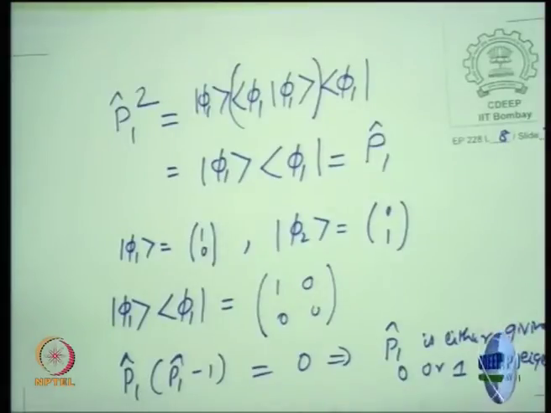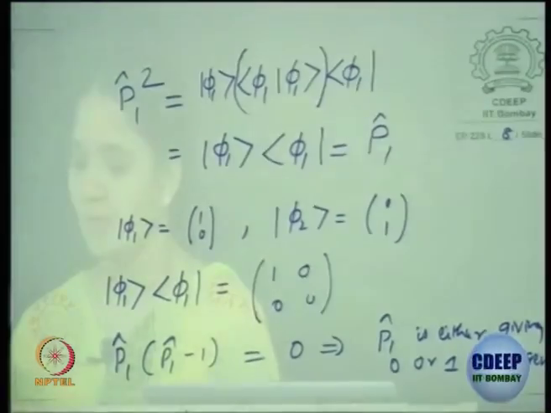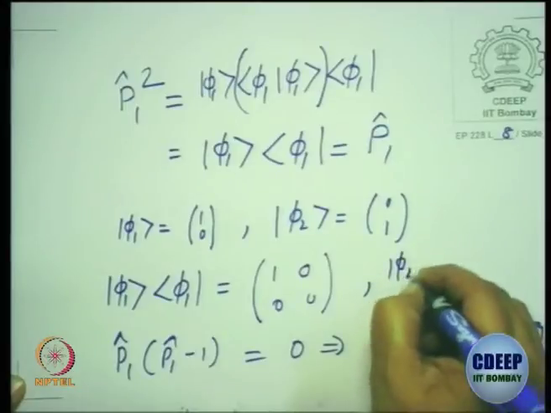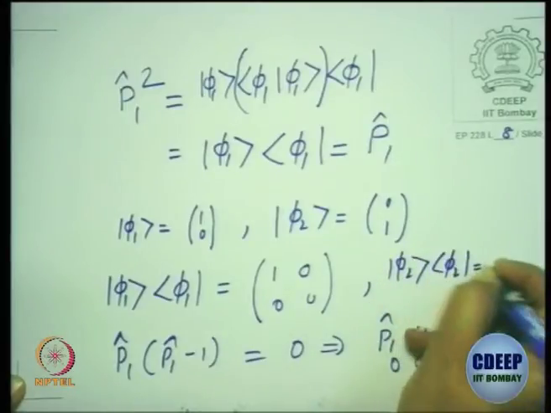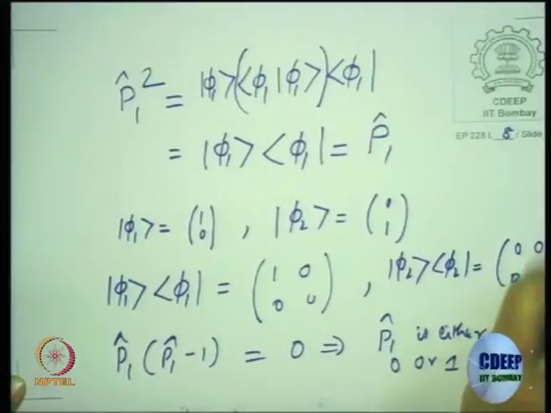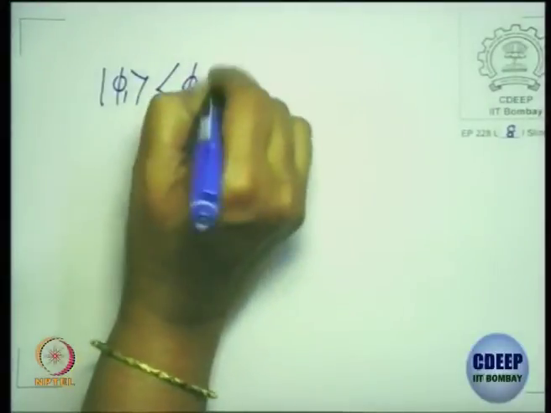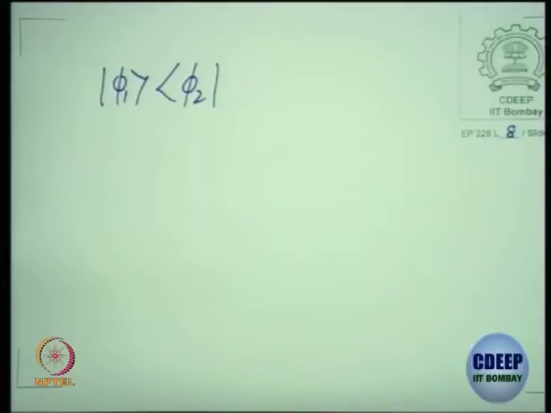Okay. So, that is the beauty of this projection operator, where the outer product phi 1 phi 1 is 1 0 0 0, and the outer product phi 2 phi 2 will be 0 0 0 1. So, what is phi 1 phi 2? Phi 1 phi 2 is not a projection operator, but it is still a 2 by 2 matrix.